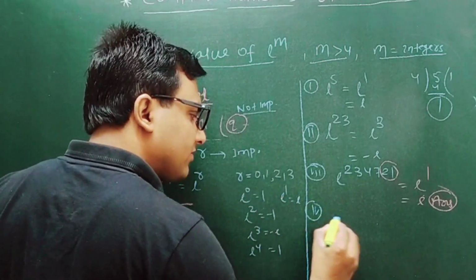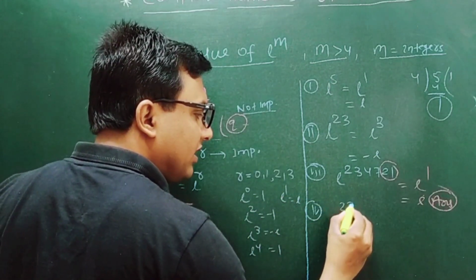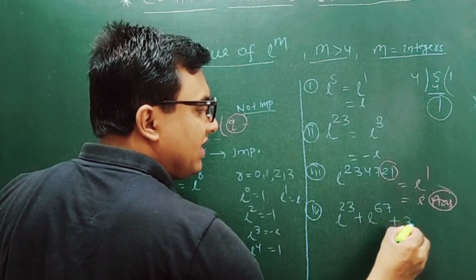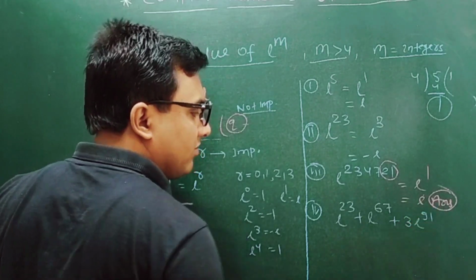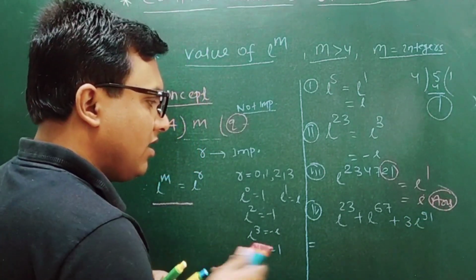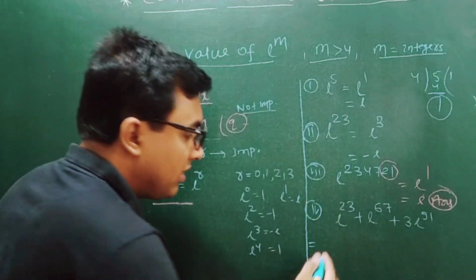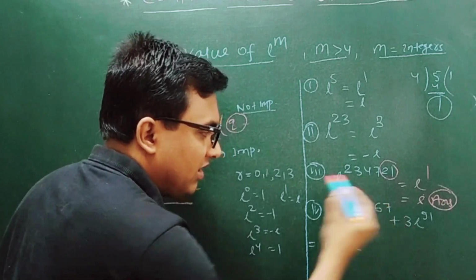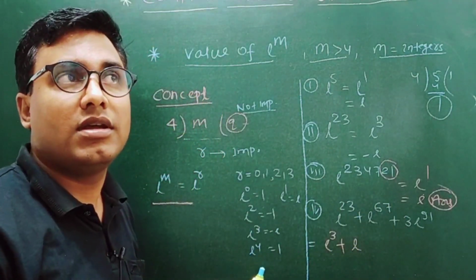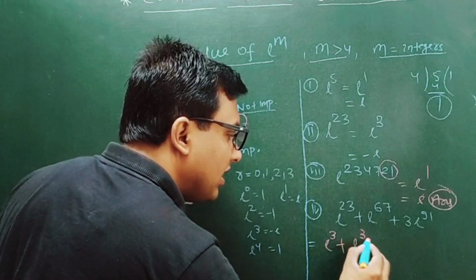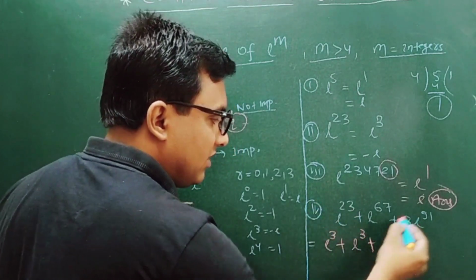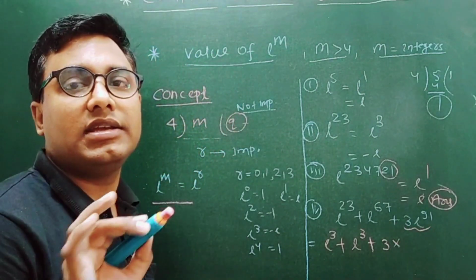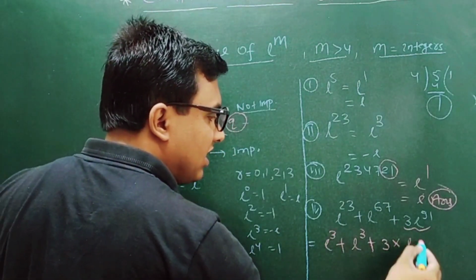Next question, number 4: iota to the power 23 plus iota to the power 67 plus 3 iota to the power 91. That means divide 23 by 4, we get 3 as a remainder, plus divide 67 by 4, we get 3 as a remainder, and 3 into, divide 91 by 4, we get 3 as a remainder.